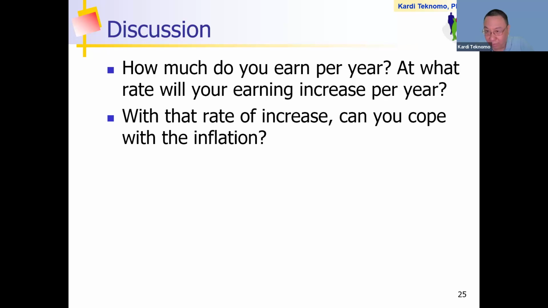Only the inflation increases, but salary does not increase. That means over the years you get poorer. Yes, sir. Only the debt is increasing. Oh no. That's very sad.